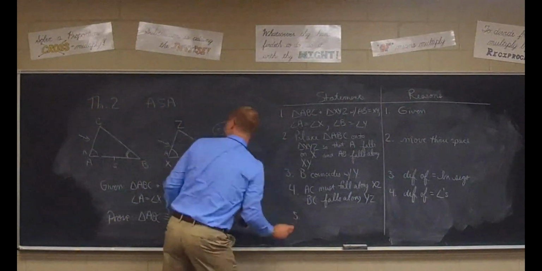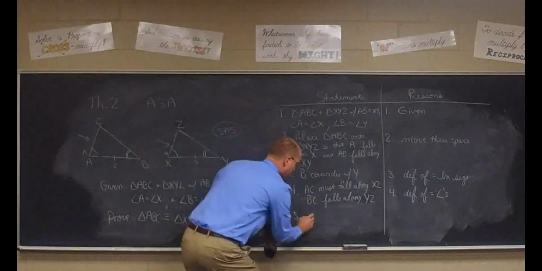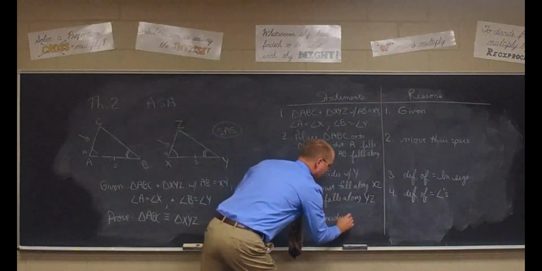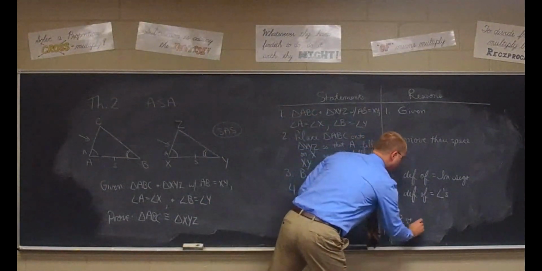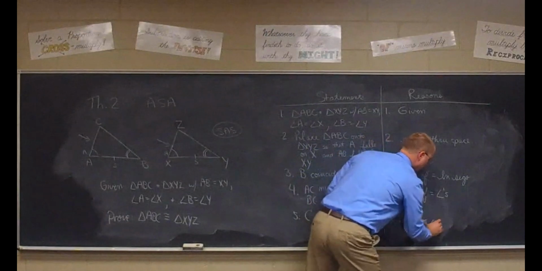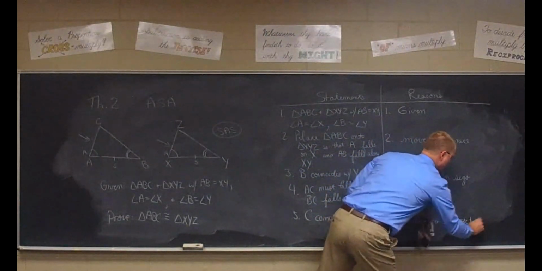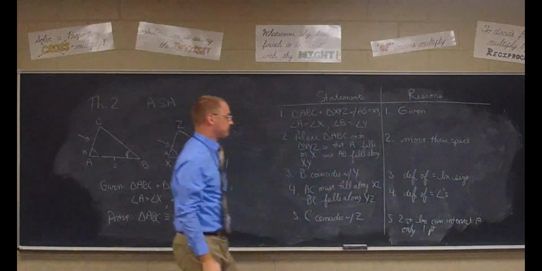Therefore, C must coincide with Z. C coincides with Z because two straight lines can intersect at only one point.